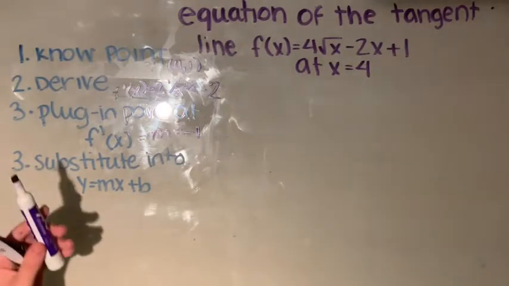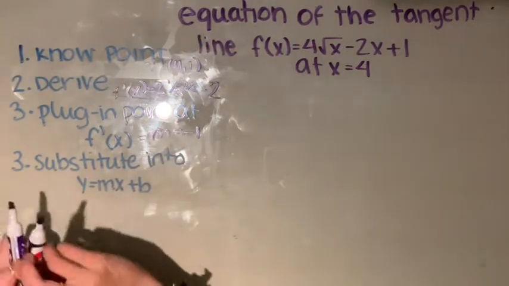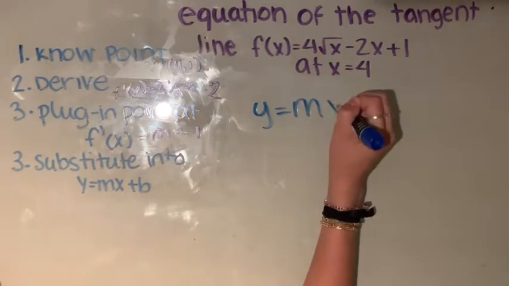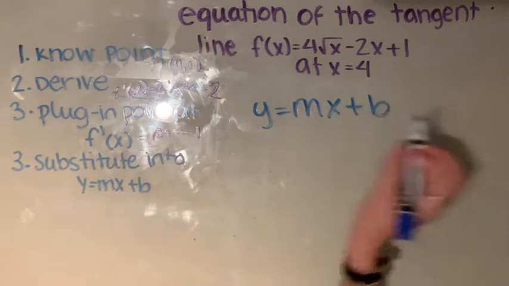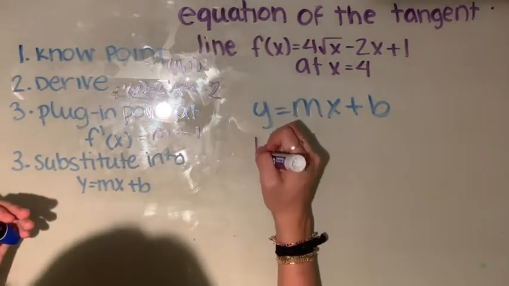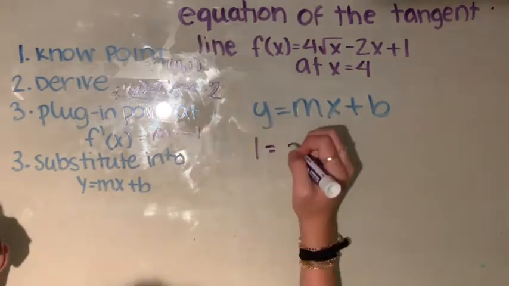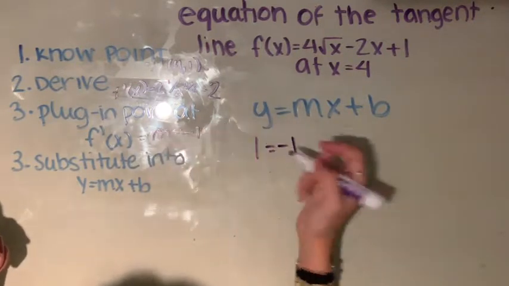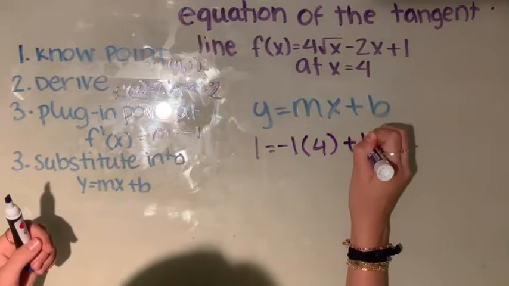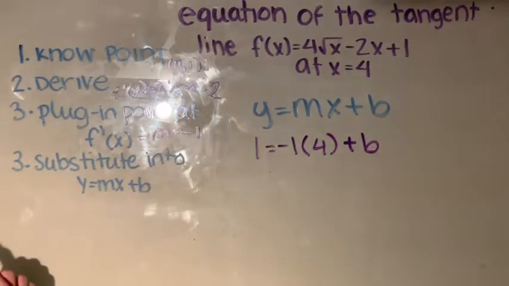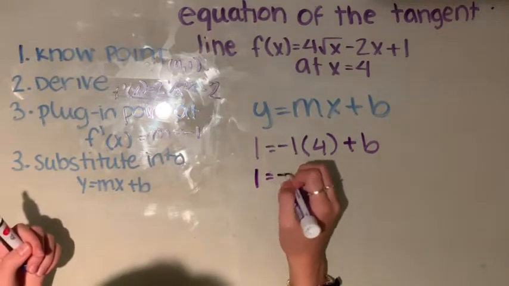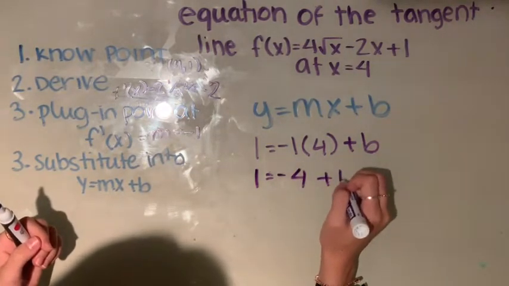So our original line equation is y equals mx plus b. So we're going to plug in our 1, which is y, our m, which is negative 1, our x, which is 4, in order to find our b. So negative 1 times 4 is negative 4 plus b.